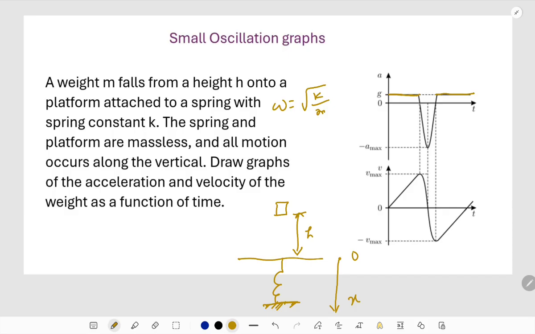And what happens with acceleration, you can relate it with velocity, because when the object comes to its equilibrium position, its acceleration is zero and its velocity is maximum, and velocity first increases in the negative downward direction and then increases, and you can see the whole process here.